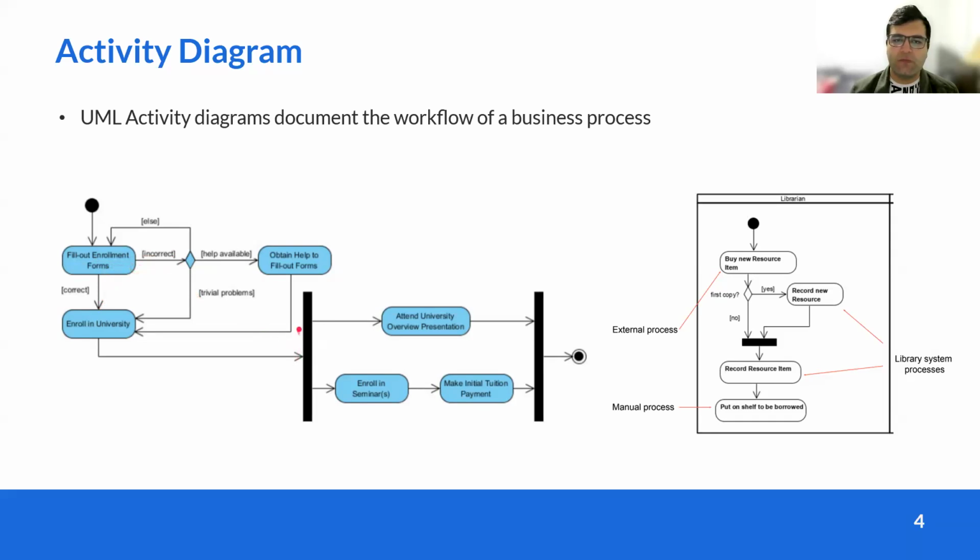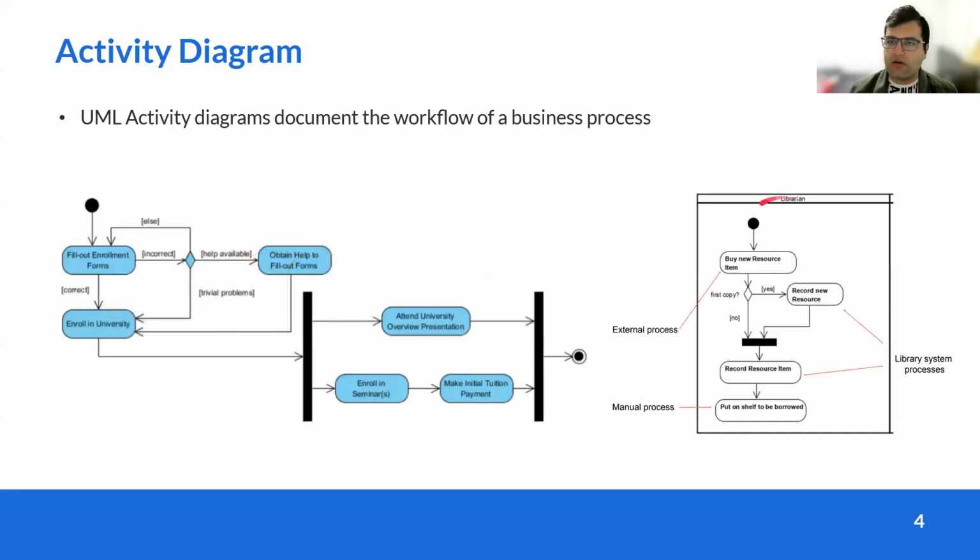But over here, they get to choose. So they either attend the university overview presentation and then the activity ends, or they enroll in seminars and make tuition payment, and then the activity ends. So that's a basic university enrollment activity diagram.